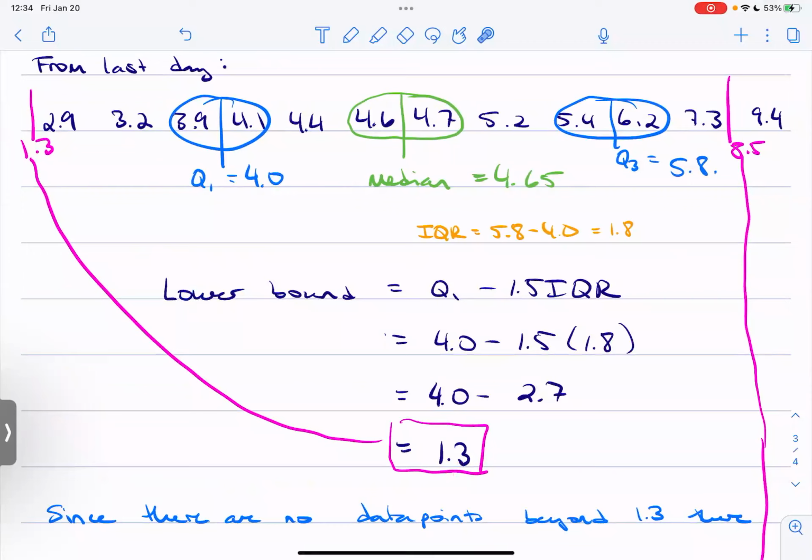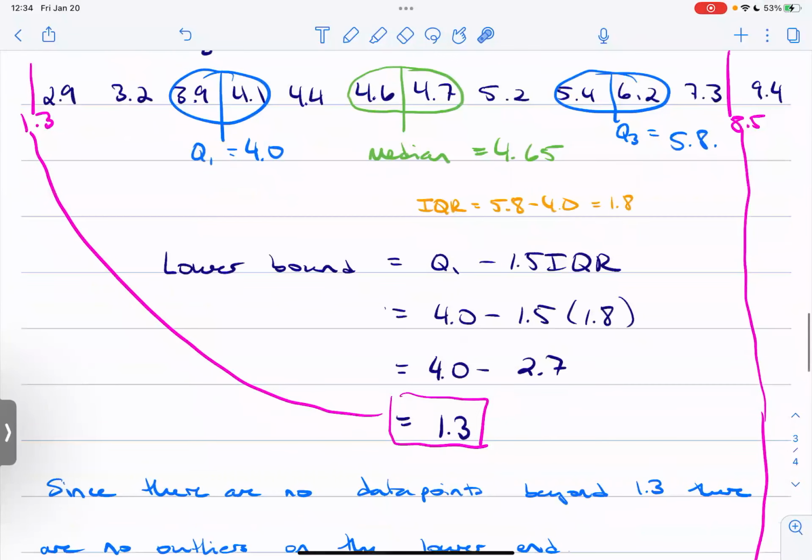So you want to be really careful about the terminology. I'll know what you meant, but I'm pretty picky about that kind of stuff. Words matter. But yeah, the lower whisker is at 2.9. Okay, good.